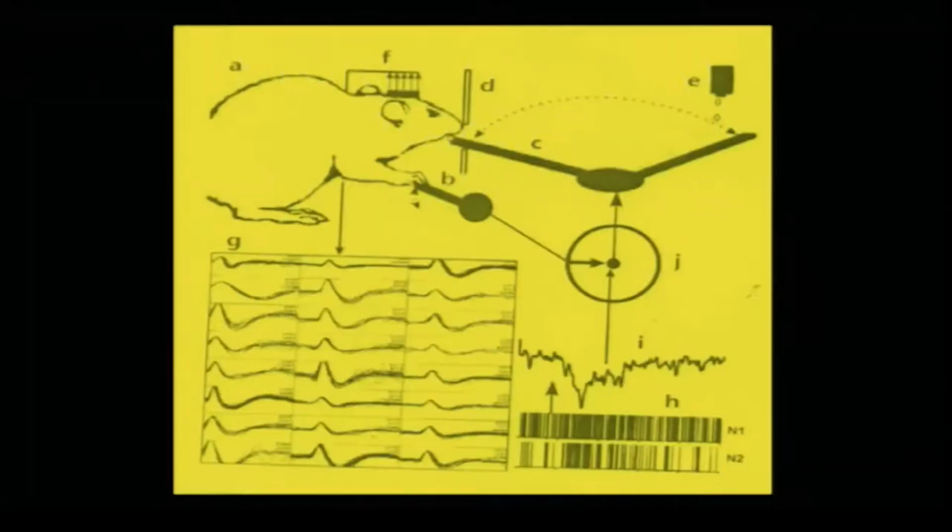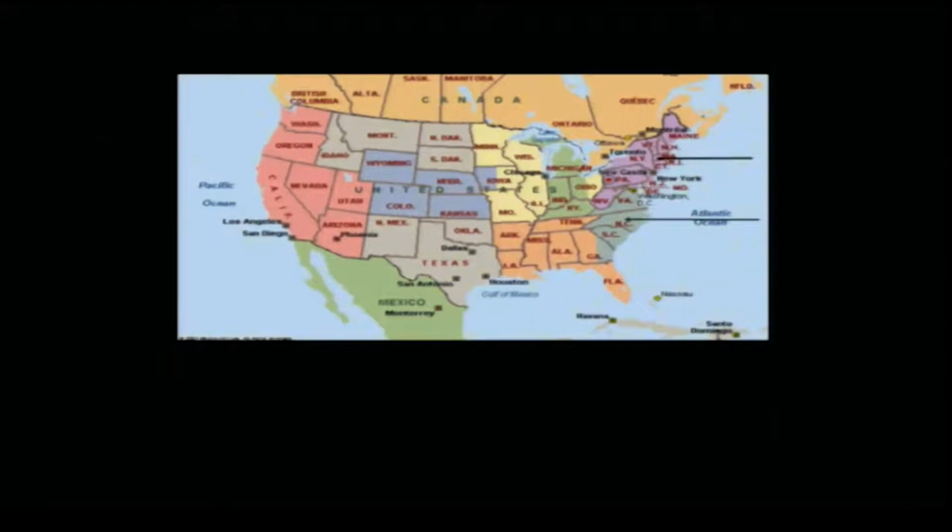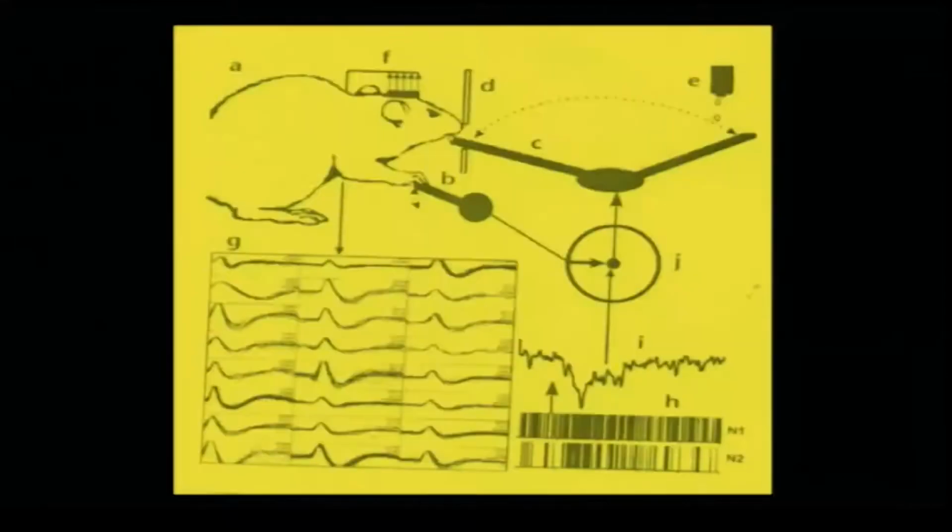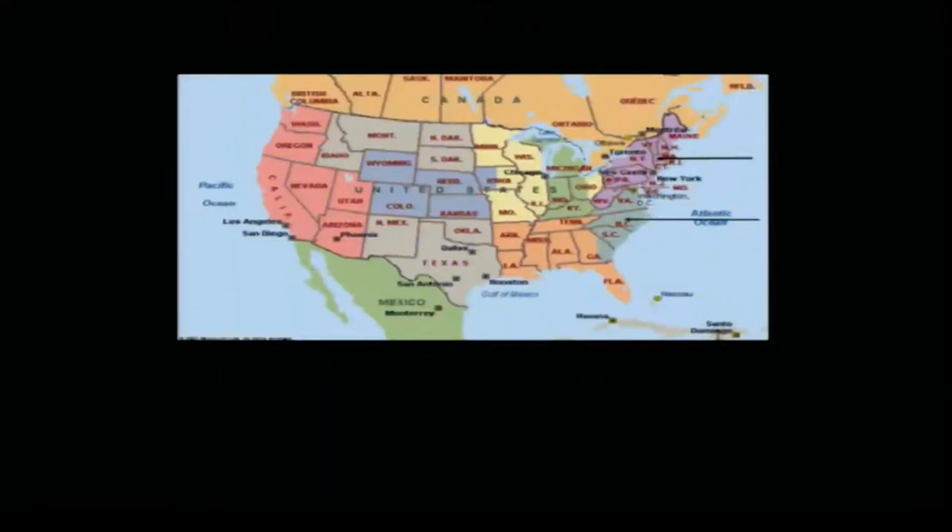Okay. Now, from here the experiment was designed. This was a very interesting experiment which was done in Durham. If you look at the American map, this is North Carolina, Durham, Duke University, and here you have Massachusetts, the state of Massachusetts.